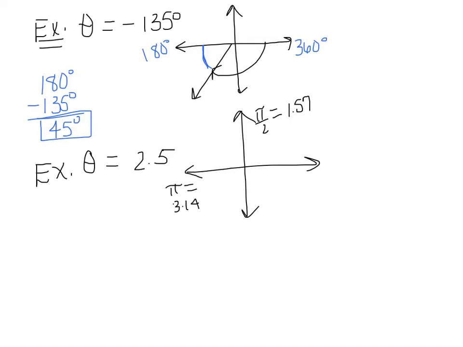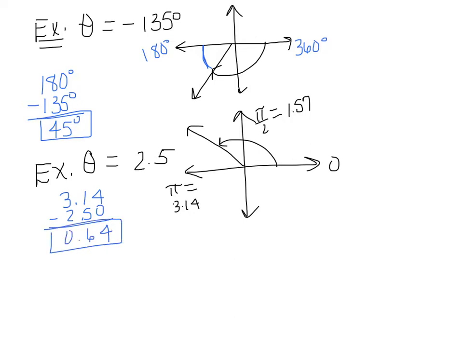And then we have 0 right here. So 2.5 will lie somewhere in this quadrant 2. And you might know which one it's closer to, which would be 3.14. So you would subtract 3.14 minus 2.5, and that'll give us 0.64 as our reference angle.